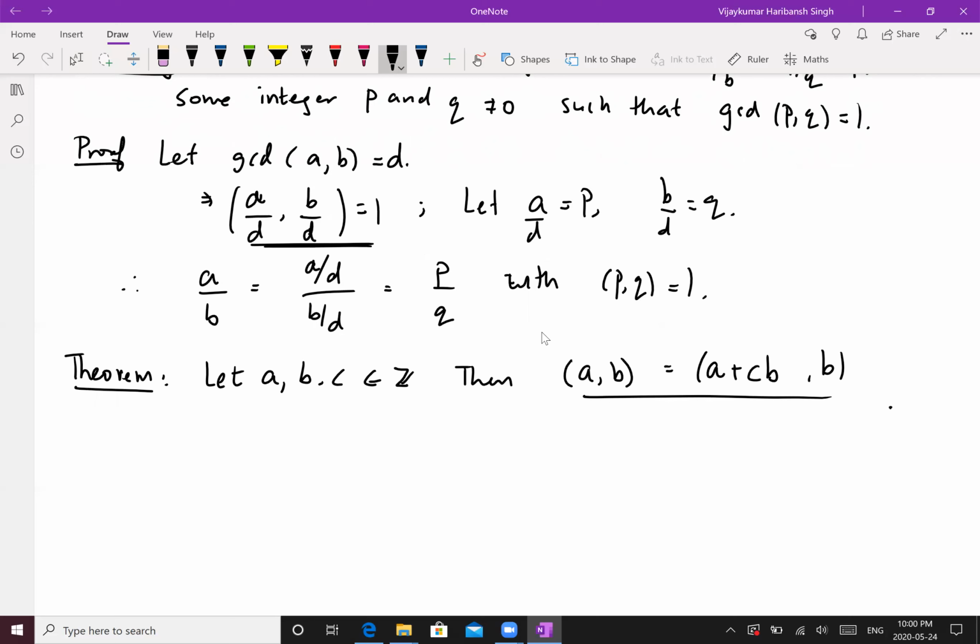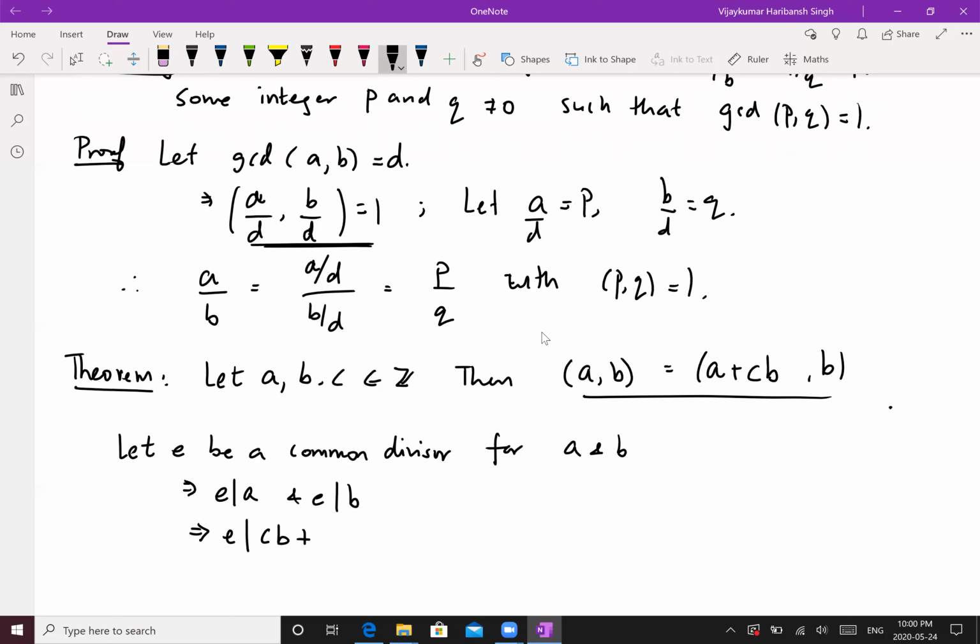So the way we can show is that let E be a common divisor for, say, A and B. This implies E divides A and E divides B. But we have seen in an earlier theorem, in the divisibility chapter, that if E divides A and E divides B, E divides any linear combination of A and B. We can say E divides A plus CB as well.